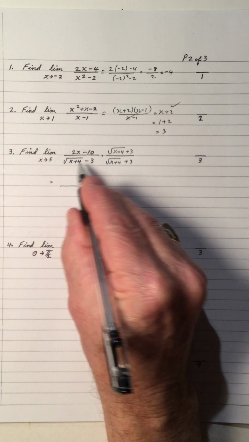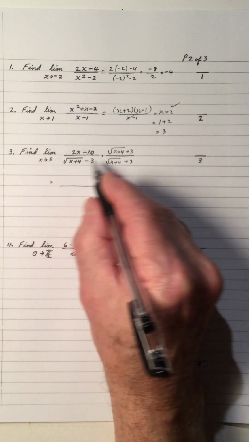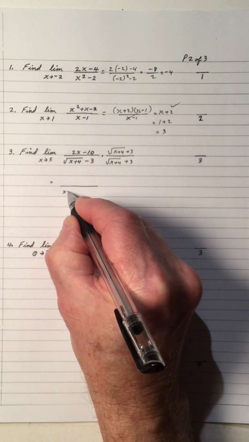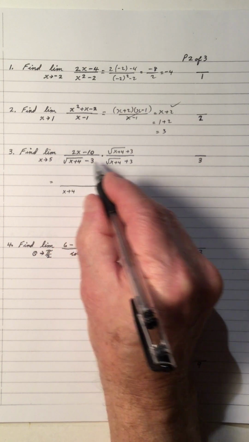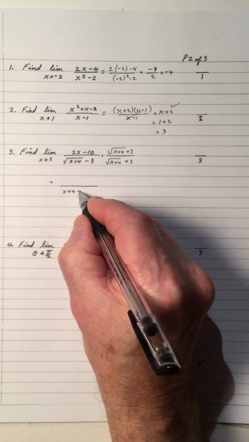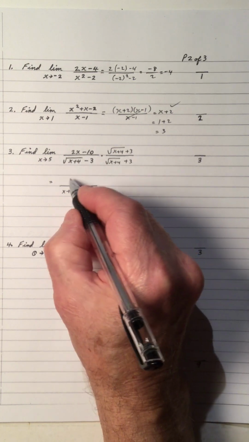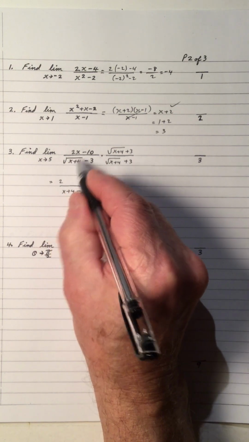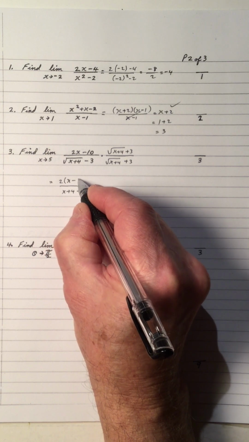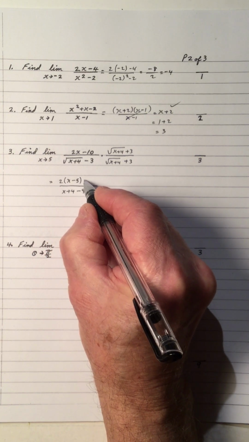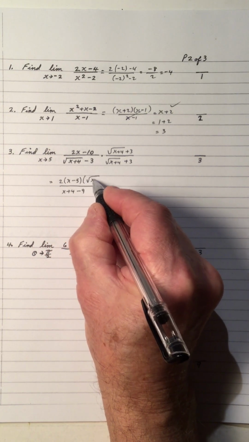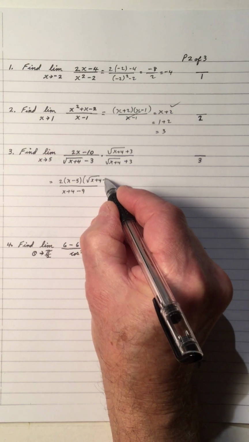This is x plus 4 times x plus 4, the root multiplied by itself is x plus 4. -3 times plus 3 is minus 9. And I see a 2 here that's common, so an x minus 5 comes out. And this is the root of x plus 4 plus 3.